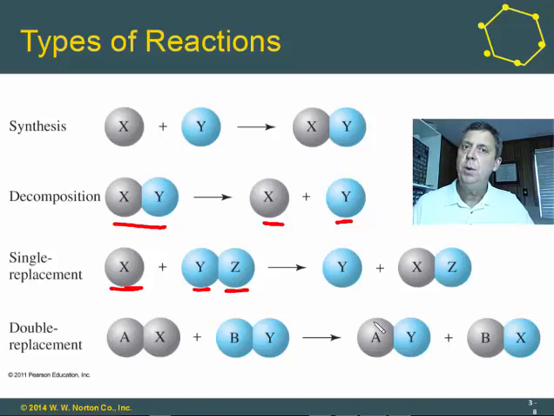Again, it could be the cation or the anion. We don't know which. So you have to look at the element itself to determine which ion it is going to replace. And double replacement, in this case, the cations switch places, again, or you could look at it as if the anions switch places. Same thing effectively. And one other type of reaction we need to look at.